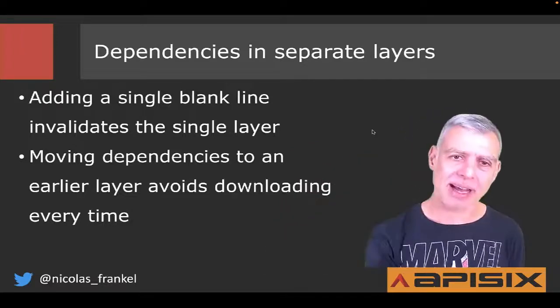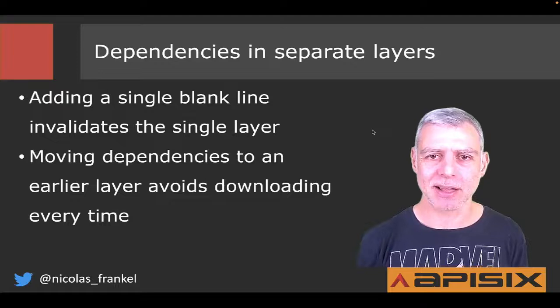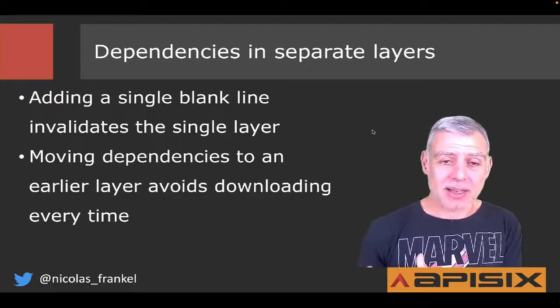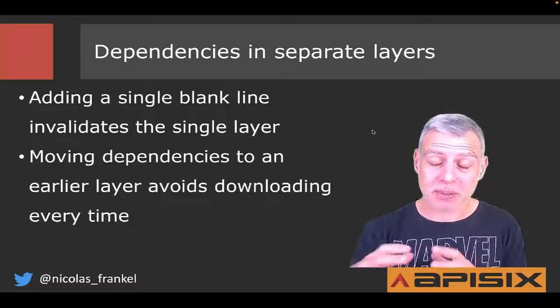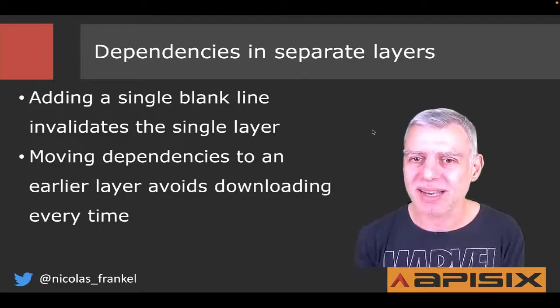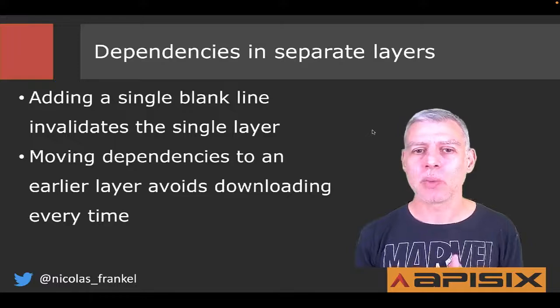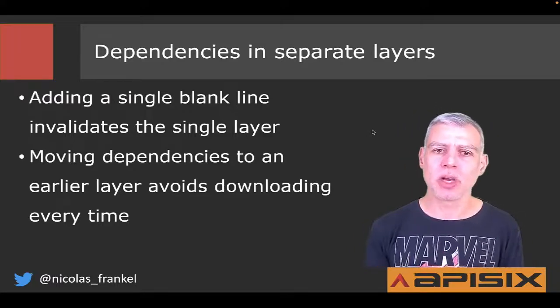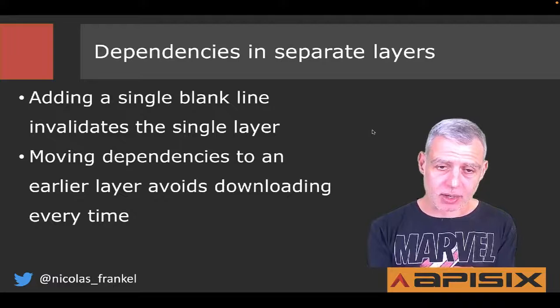So every time it needs to re-download all the dependencies. And actually, it's the place where the engine spends the most time, downloading the dependencies every time. So what we want to do is actually have separate layers. So let's check how we can do it.